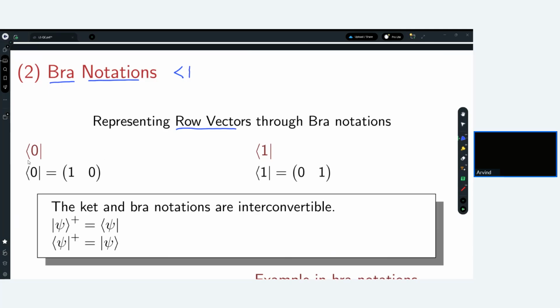Here, this will be read as the bra zero. Now, bra zero's equivalent row representation is a vector having 1 at the zeroth position and 0 at the first position.